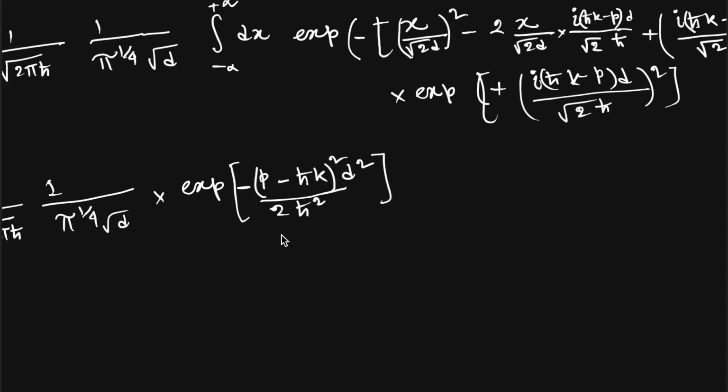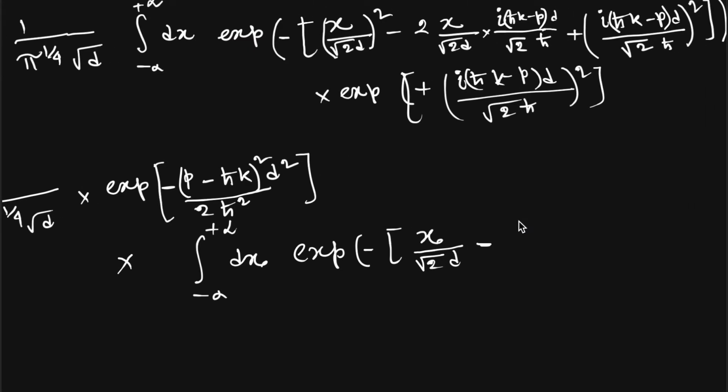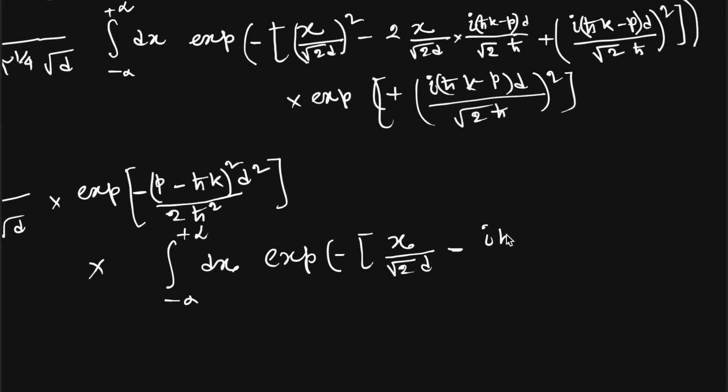So write it here, times integral from minus infinity to plus infinity dx exponential of minus (x by root 2d minus i ħ k minus p d by root 2 ħ) its square.